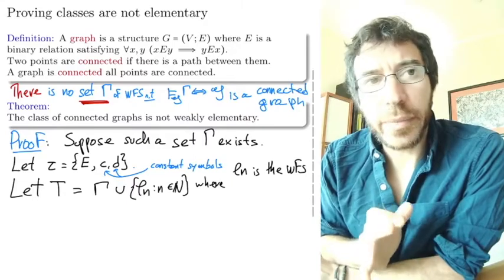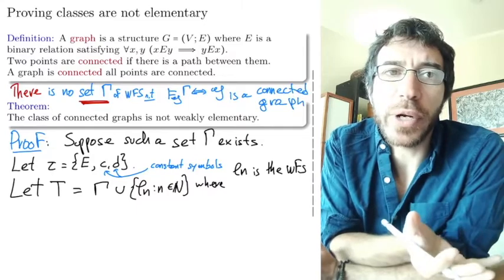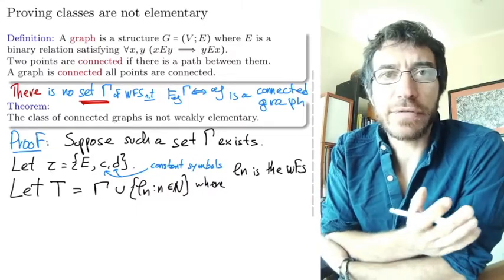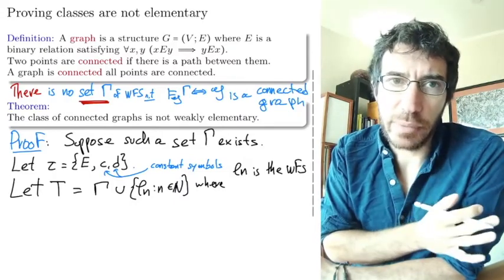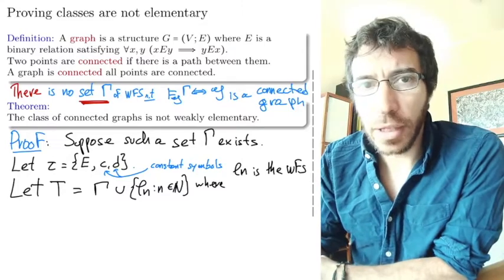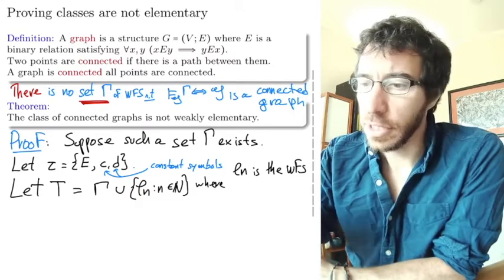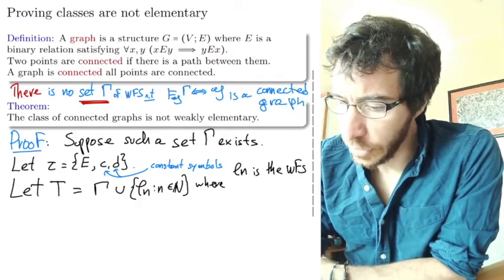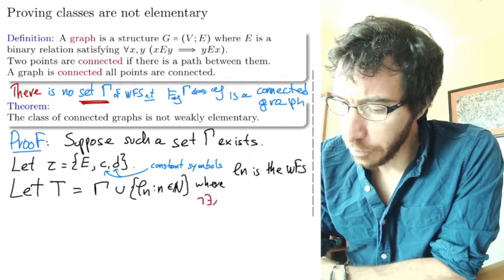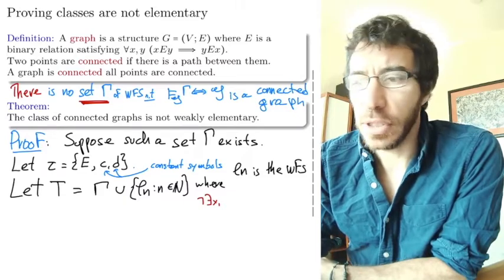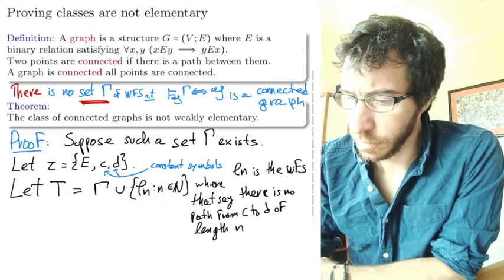So we're going to let T be the set that contains first all the sentences in gamma, which is the one we are assuming might axiomatize all connected graphs, and a lot of other sentences that we're going to call phi sub n, one for each n in the natural numbers, where each phi sub n is a well-formed sentence (WFS) that says the following: there is no path from C to D of length n.